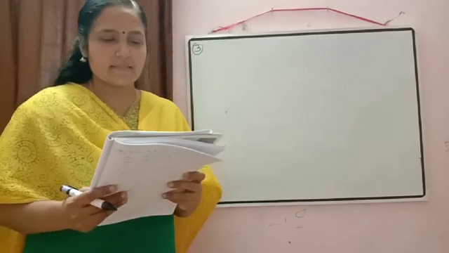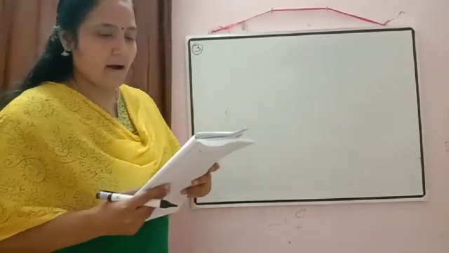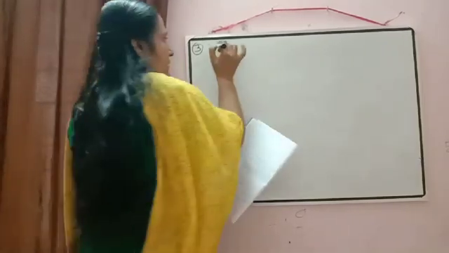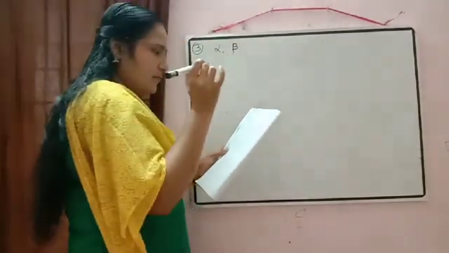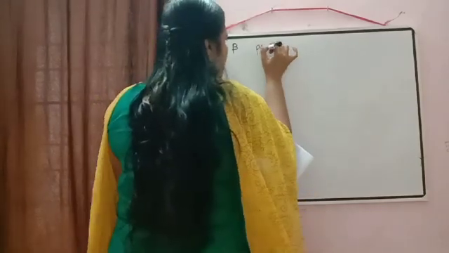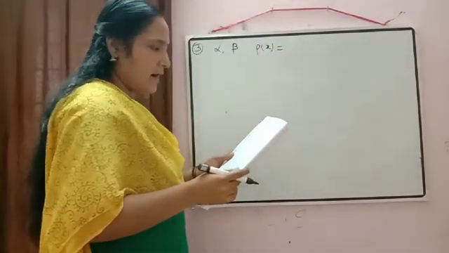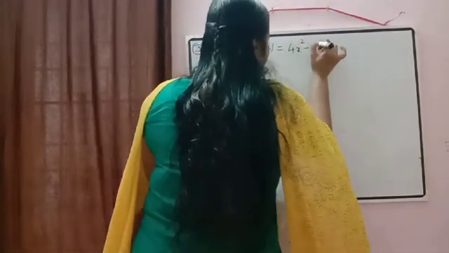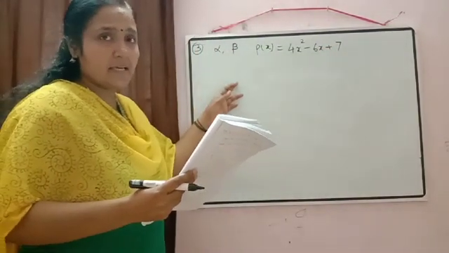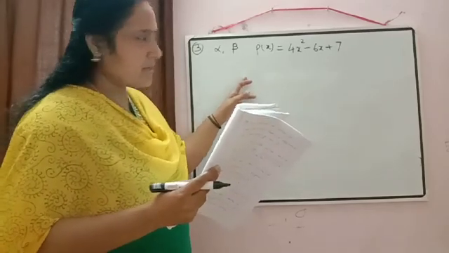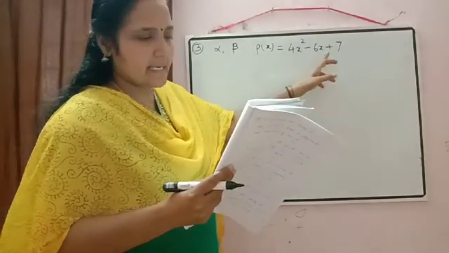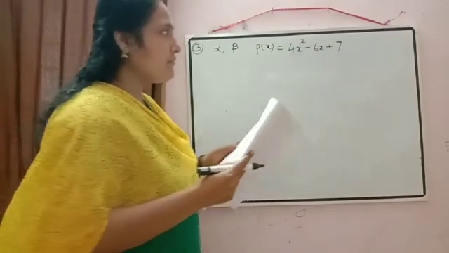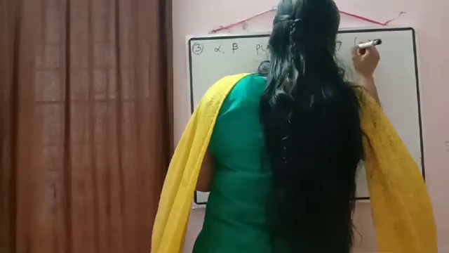Now next question. If alpha and beta are the zeros of p of x is equal to 4x square minus 6x plus 7, then find the following.